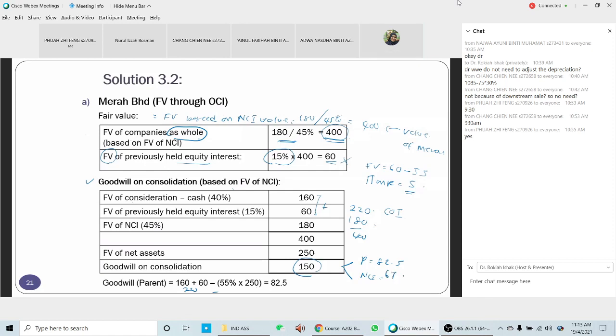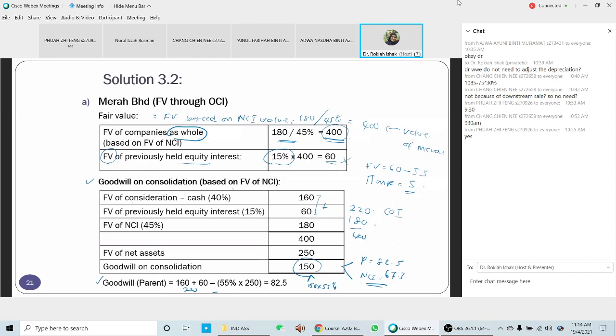Or you can calculate that one based on pro rata, because the value of the NCI here is based on fair value. Another method is this 150 times 55% for the parent, because the NCI here is already at fair value. So you can calculate that one using the ratios. For the NCI, you just calculate the consideration transferred minus the net identifiable asset.